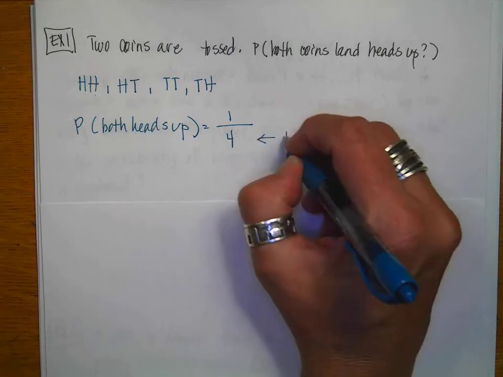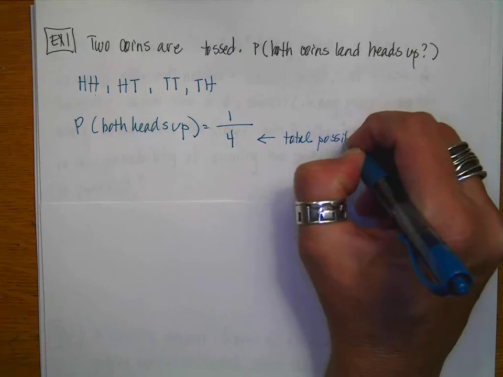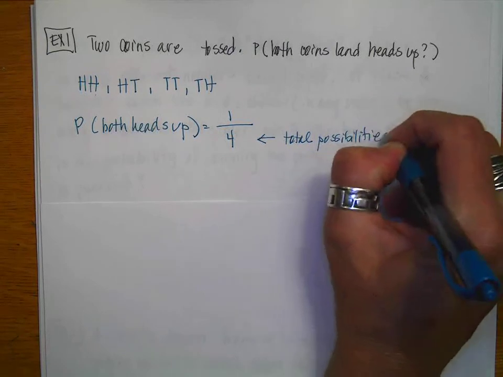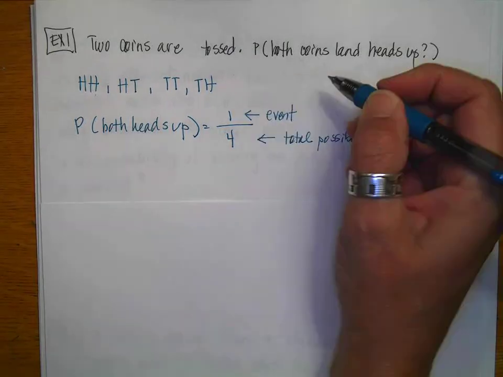Remembering that this is my total of the possibilities, and this would be how many of my events actually happen, okay?